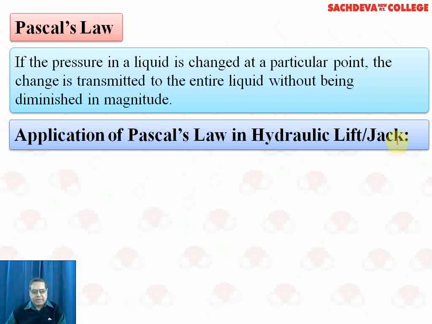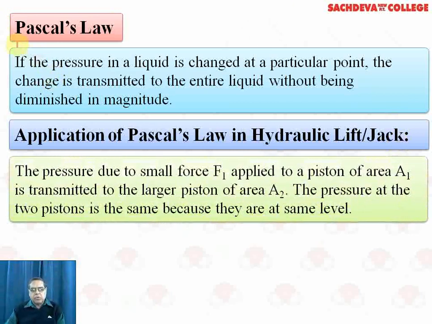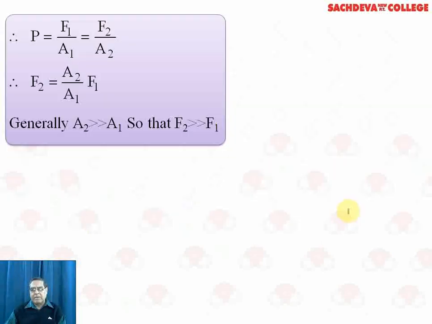The pressure due to a small force F1 applied to the piston of area A1 is transmitted to the larger piston of area A2. The pressure at the two pistons is the same because they are at the same level. Pressure is given by force by area, so the pressure will operate equally at both points, the pistons with areas A1 and A2.